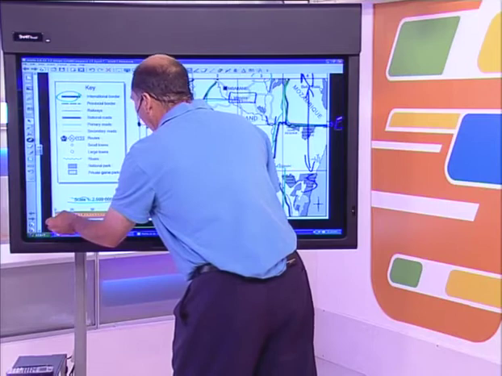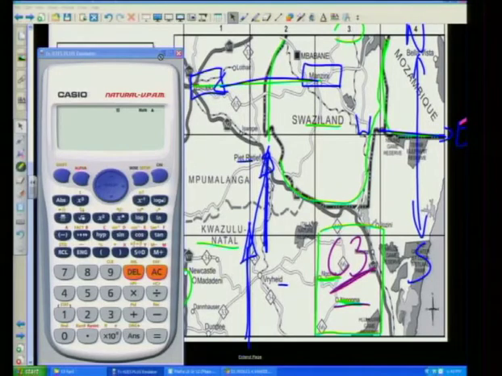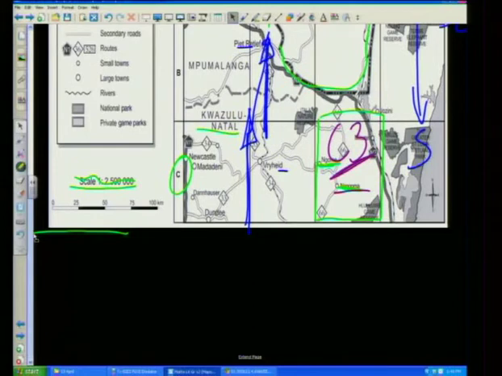This 100 kilometers measures 27 centimeters. So we've got to set up a ratio here that's going to help us work this estimate out. So let's get it. We've got 27 centimeters that we're going to need to do. And we've measured that as 100 kilometers. So let's go on and pick it up.